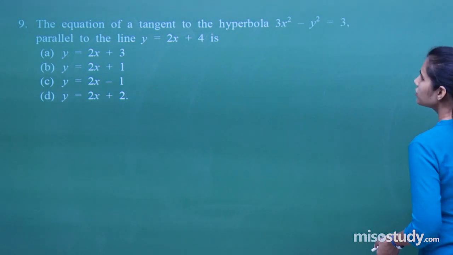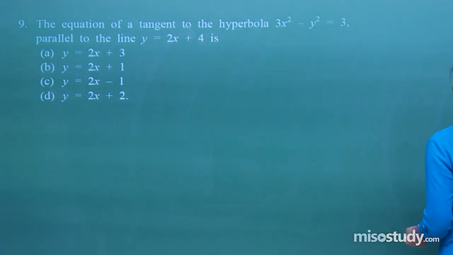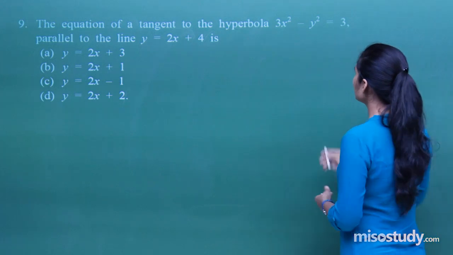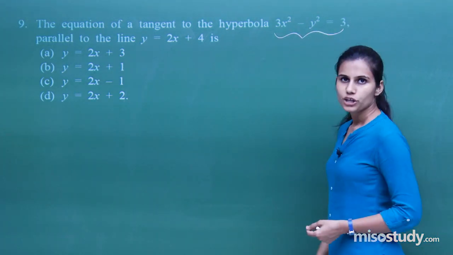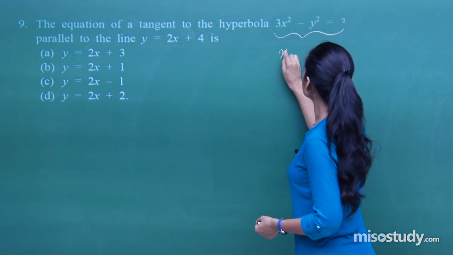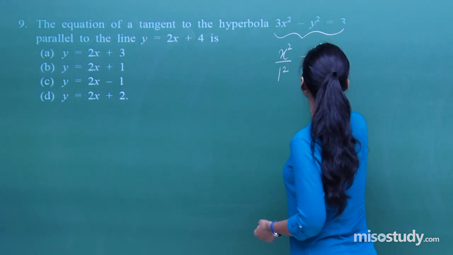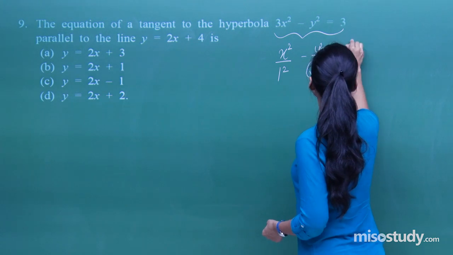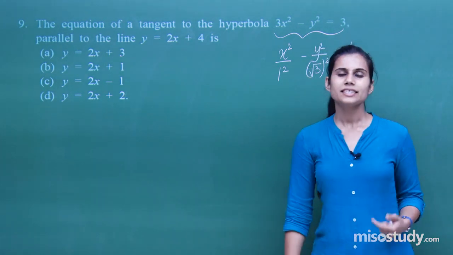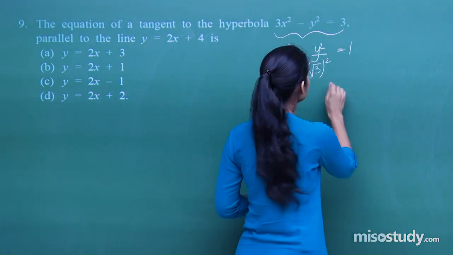Moving on to the next question, we have the equation of a tangent to the hyperbola 3x square minus y square equals 3, parallel to the line y equals 2x plus 4. Now what hyperbola is this? You can take 3 in the denominator and say x square upon 1 square minus y square upon root 3 square equals 1. How is the equation of tangent to this hyperbola given?